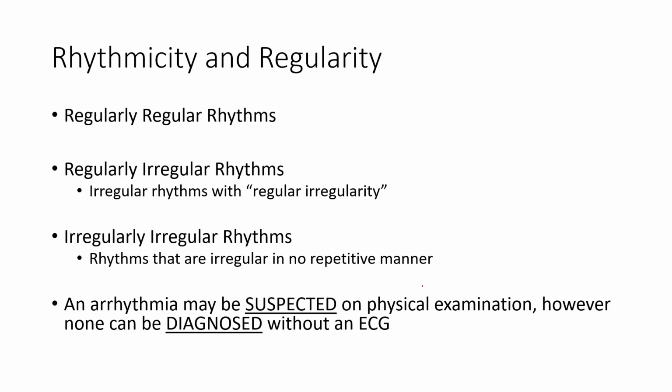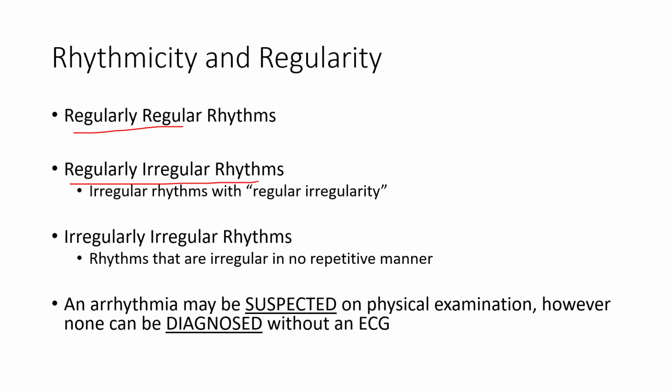Either way, there's an irregularity that occurs in a regular fashion. So a regular rhythm would be beats occurring in a consistent pattern, beat per beat per beat. In a regularly irregular rhythm, there would be an irregularity, but it would happen in a consistent manner. The irregularity happens regularly.